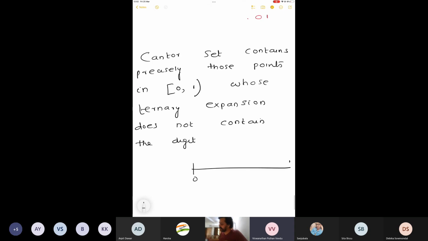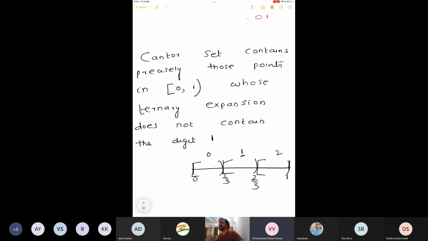In the ternary expansion, you divide [0, 1] into 3: [0, 1/3), [1/3, 2/3), and [2/3, 1]. The label for the first is 0, for the second is 1, and for the third is 2. What you're removing is the middle interval, (1/3, 2/3). So the first digit does not contain 1.